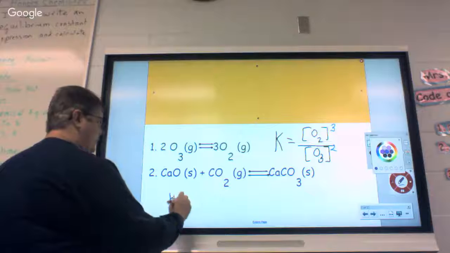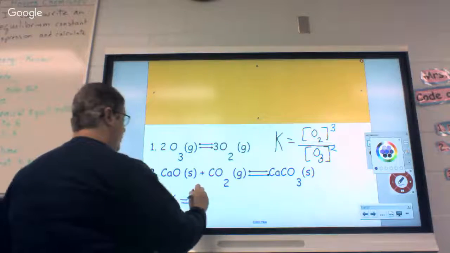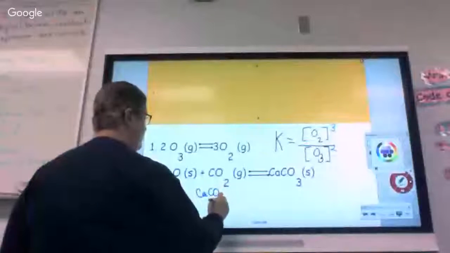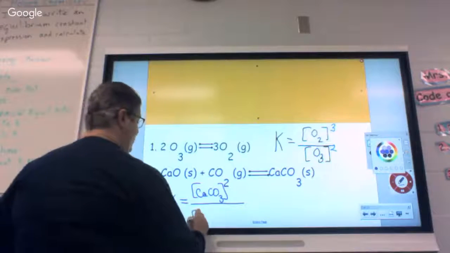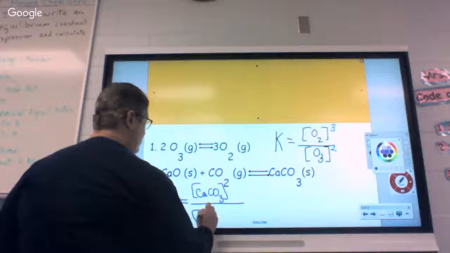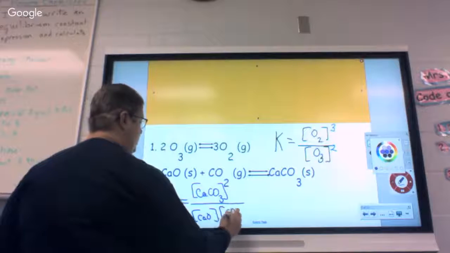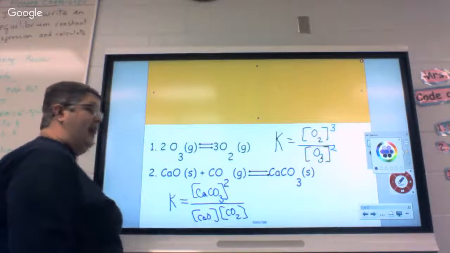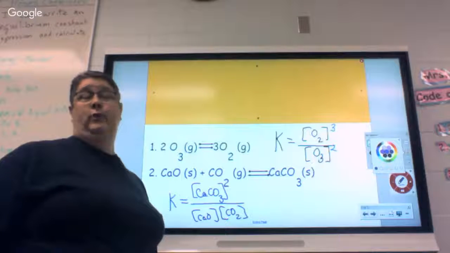Okay, equal. All right. What's my product? All right, CaCO3 over what goes on the bottom? CaO. And what goes on beside it? CO2. Now, we just said that all the coefficients were what? Hold on.